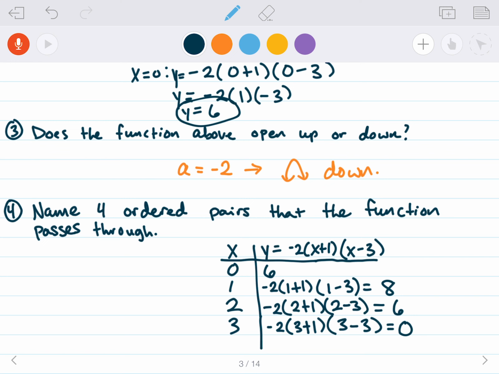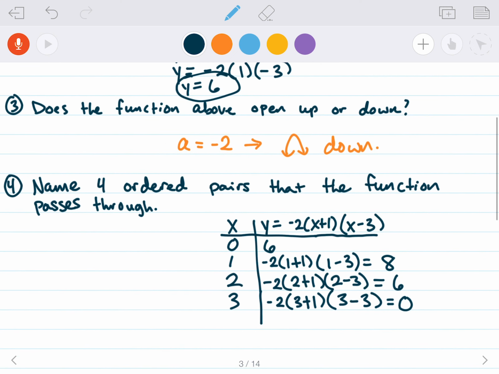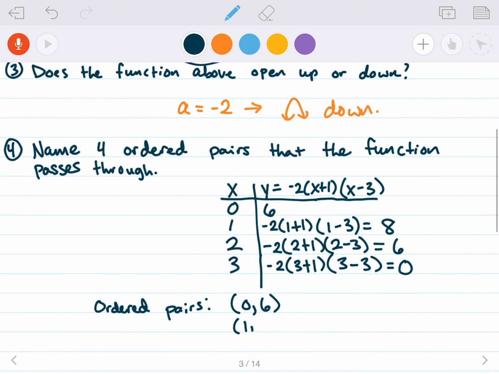And that coincides with one of our x-intercepts that we found. So my ordered pairs: I have 0, 6. I have 1, 8. So just x, y's, remember that. 2, 6, and 3, 0.